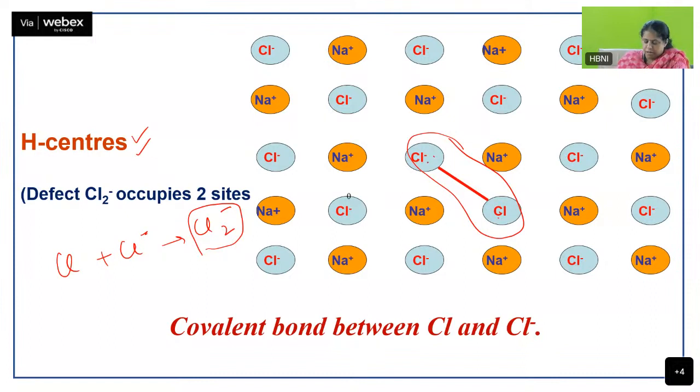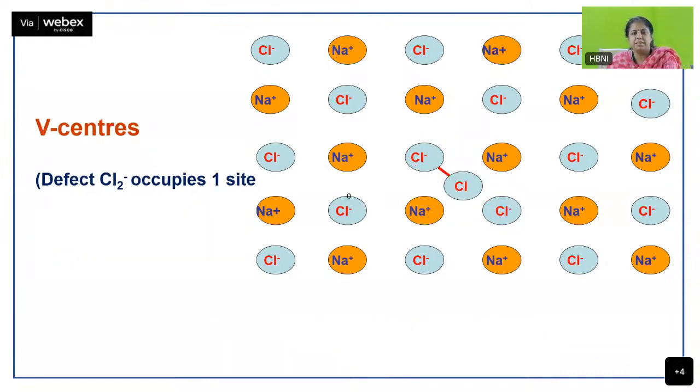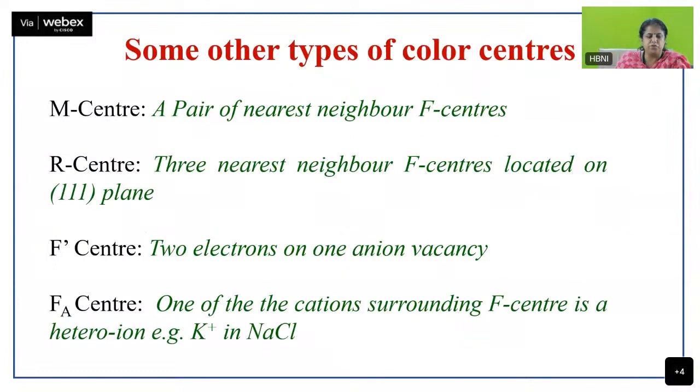And when this particular chlorine molecule ion occupies only one site, like this, where everything else is undisturbed, then this is called a V center. These are simply nomenclatures, mostly for the physicists who deal with defects and defect equilibria. It is for them.